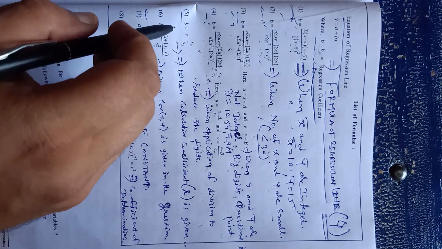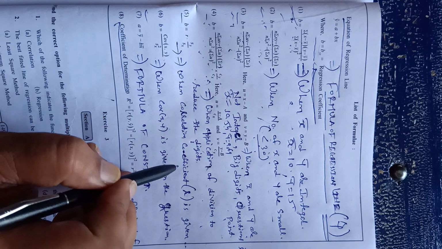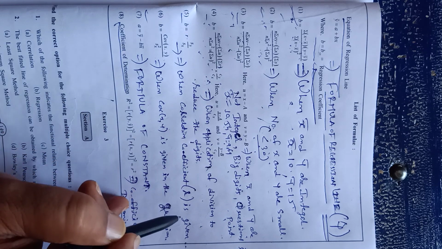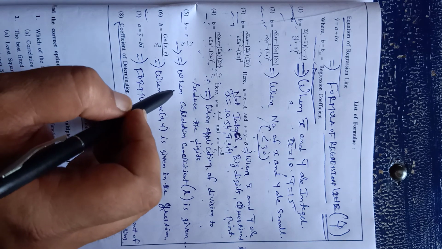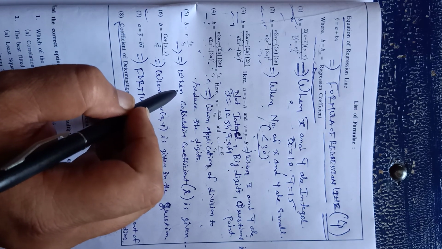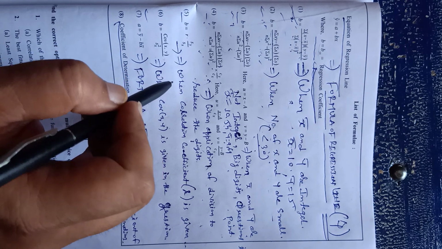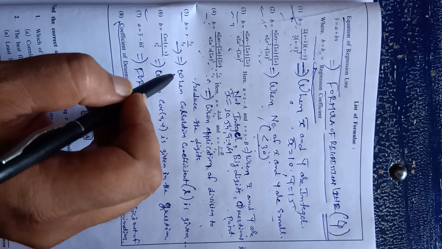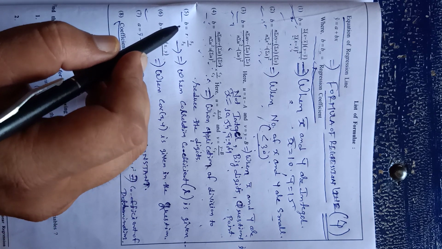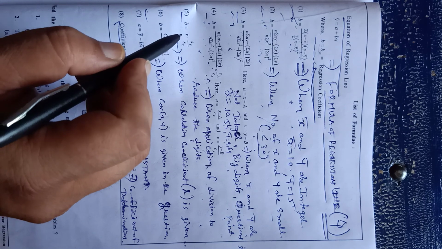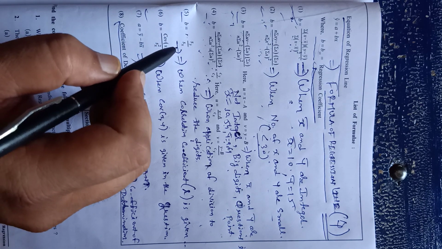Now the next formula. The situation is when the correlation coefficient, that is R, is given in the question. See, the correlation is provided to find the regression coefficient, that is B. So when R is given, the formula to find the regression coefficient is B is equal to R into Sy upon Sx.